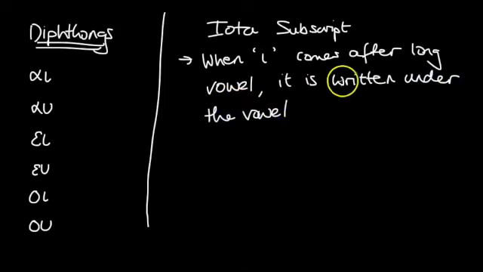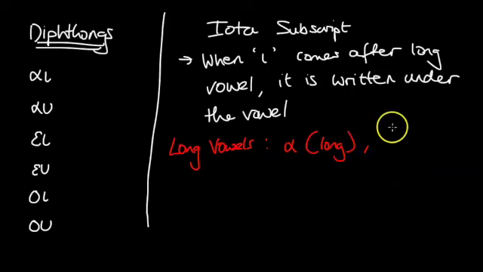I'll just show you what I mean by that. But first I want to tell you all the vowels that count as long. So the long vowels are the following: long alpha, eta, and finally omega.